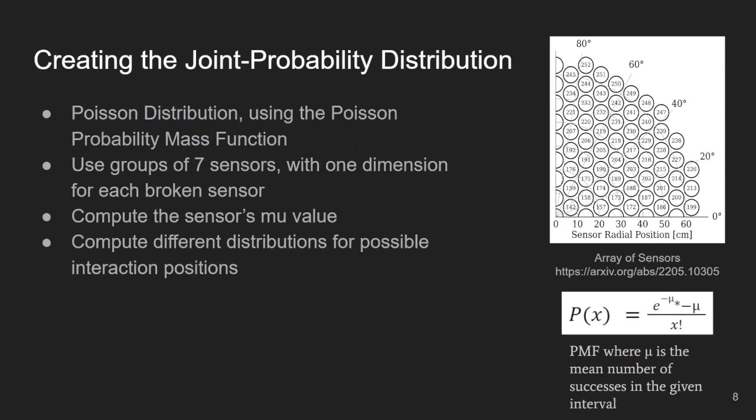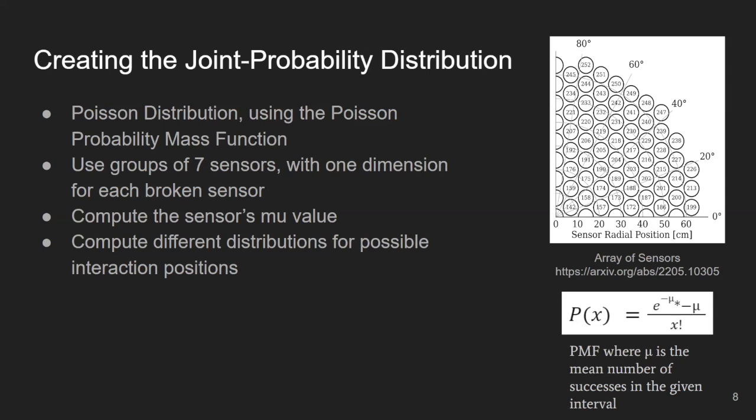So to do this, we first create a giant probability distribution, which we'll eventually be integrating over. The type of distribution we're creating is a Poisson distribution, as electrons are discrete; you can't have half an electron. And so we're using the Poisson probability mass function, which is in the bottom right corner. We're doing this in groups of 7 sensors so that it won't get too large. And there's one probability distribution for each Birkin sensor.